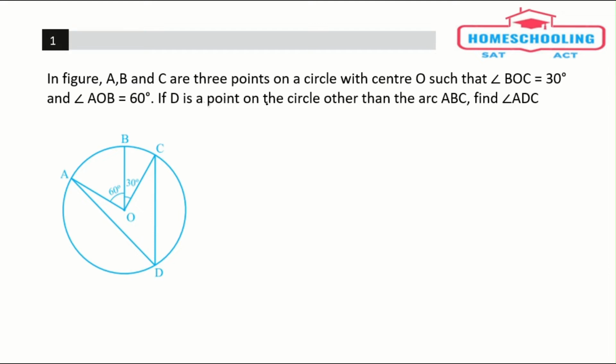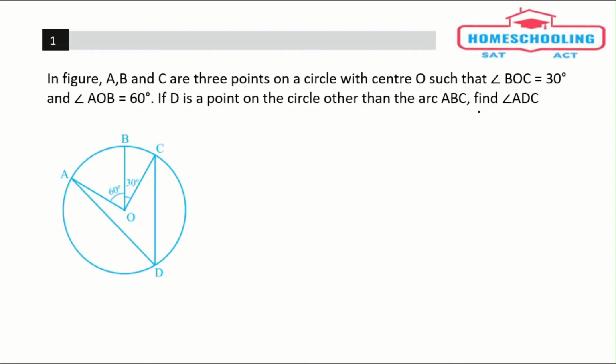If D is a point on the circle other than on the arc ABC, so this is going to be a smaller arc, and this is the bigger arc, so D would be here.